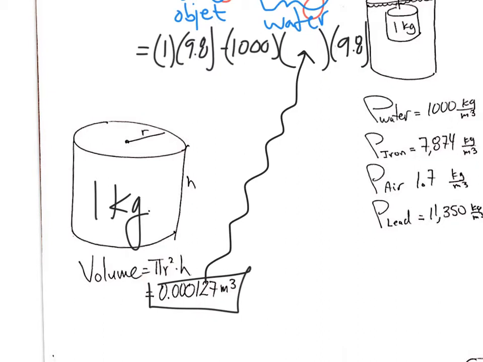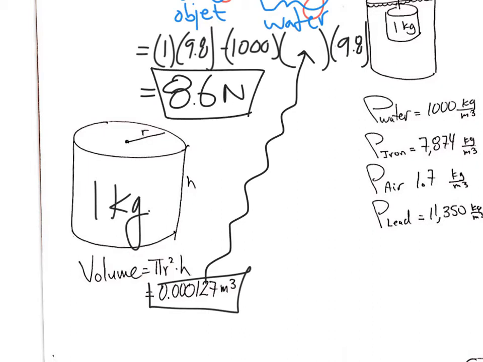I found it. So after calculating this, we end up with 8.6 newtons. That is less than 9.8 newtons, which is what it would weigh if it were just hanging in air.